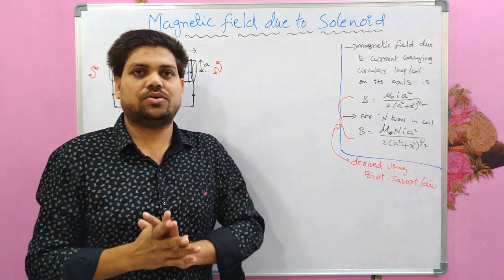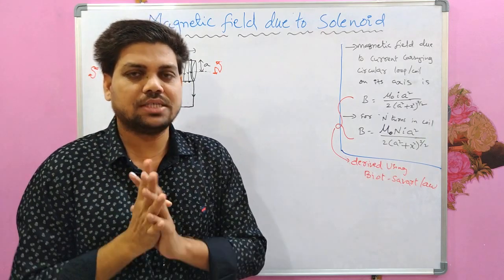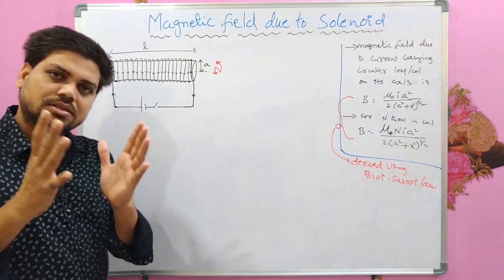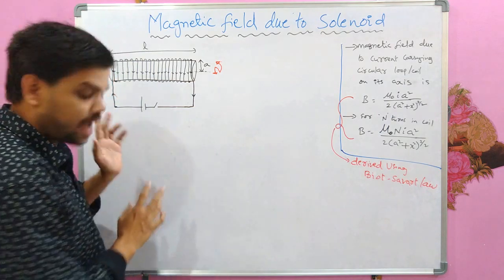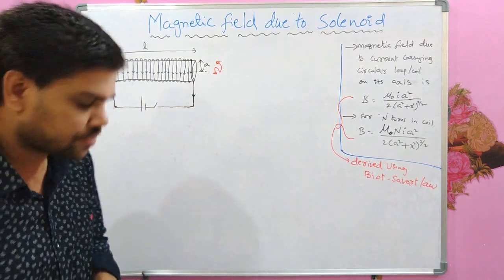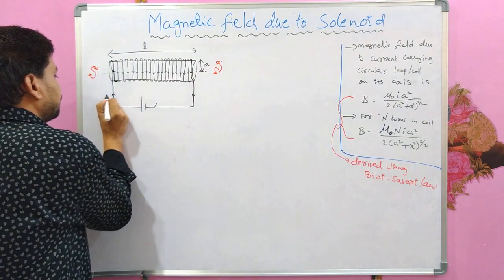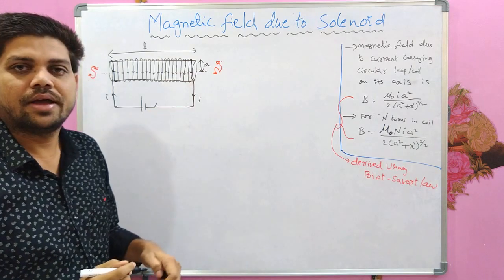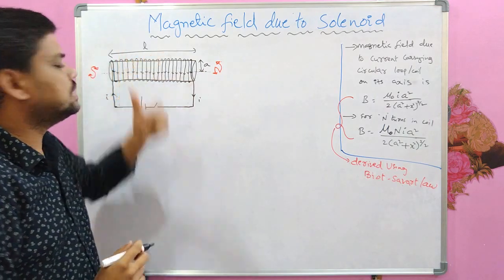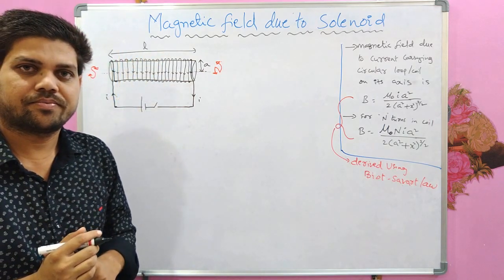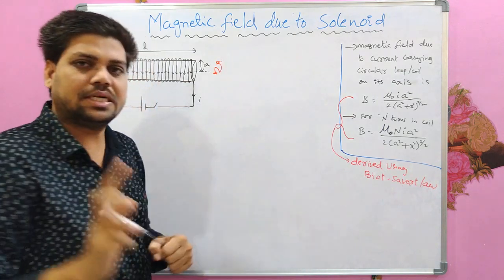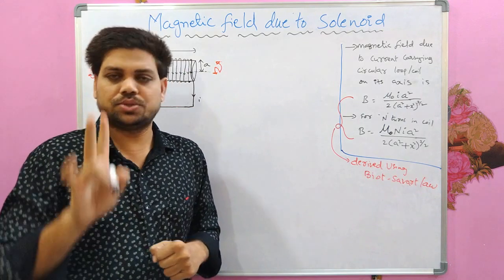Okay, so to find this out, first let me consider one solenoid through which a current I is passing, like this, and its length is L. Remember, we will do this in two cases.